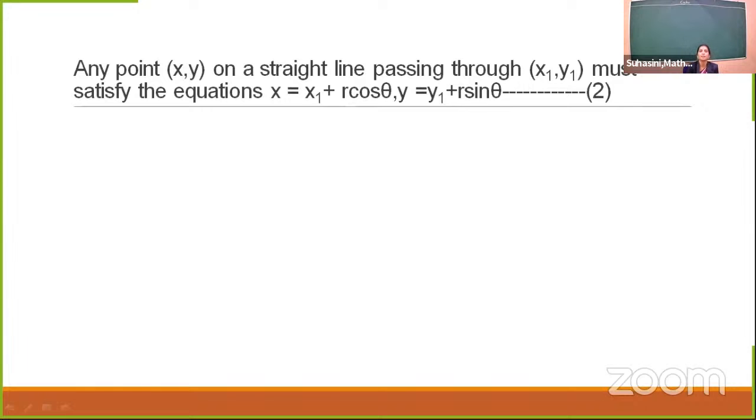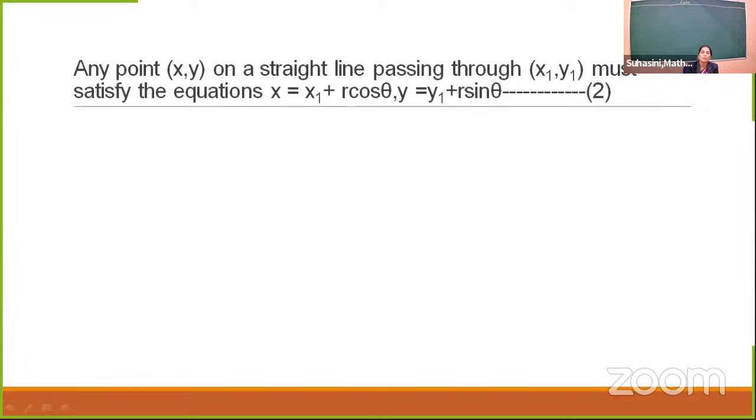In the first year intermediate, we have studied the different forms of the straight line. I would like to remind you the symmetric form first: (x minus x1) by cos theta = (y minus y1) by sin theta. Equating each to r, we get x = x1 plus r cos theta, y = y1 plus r sin theta, which are called parametric equations of the straight line.